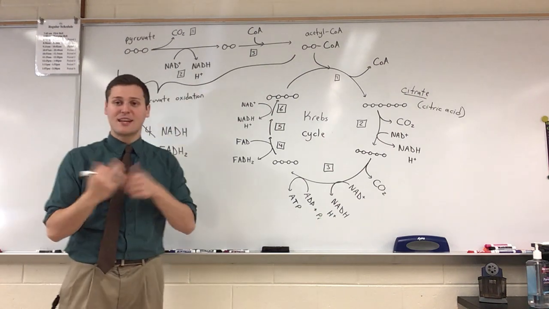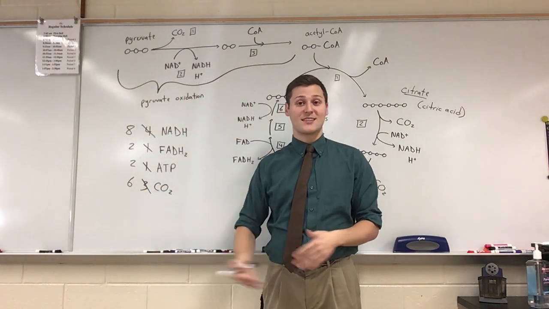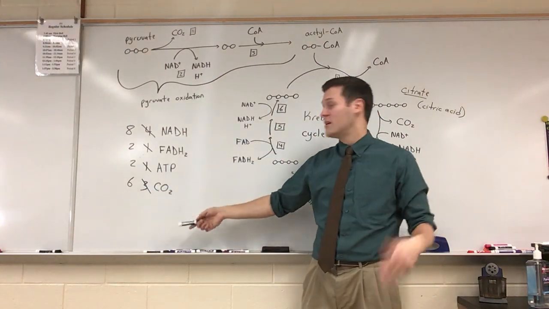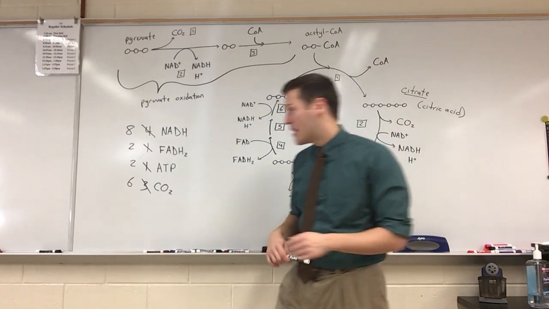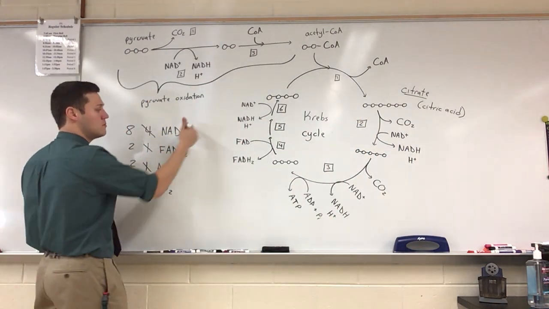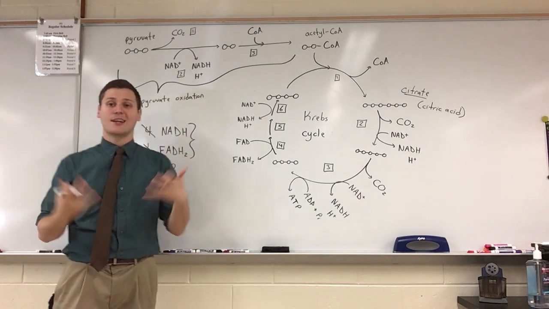And this makes sense because 1 glucose molecule is C6H12O6. It has 6 total carbons. So those 6 total carbons end up as carbon dioxide. And these 2 right here, NADH and FADH2, they are both electron carriers.